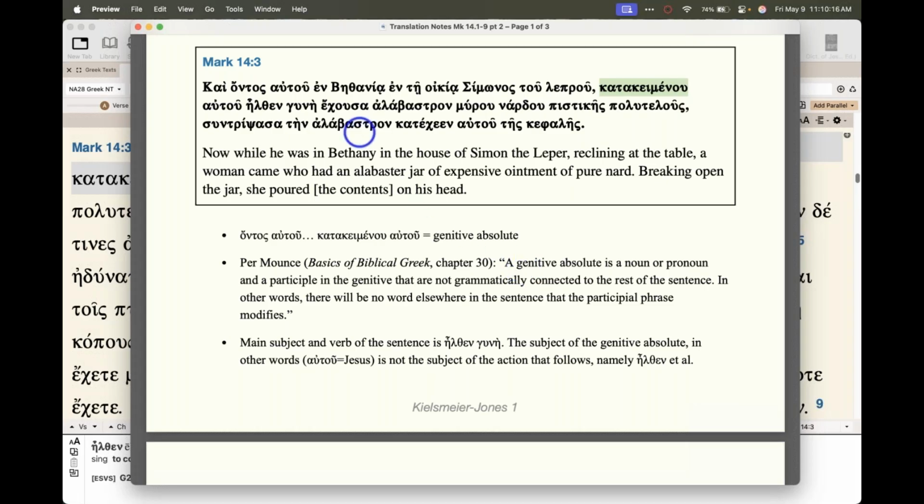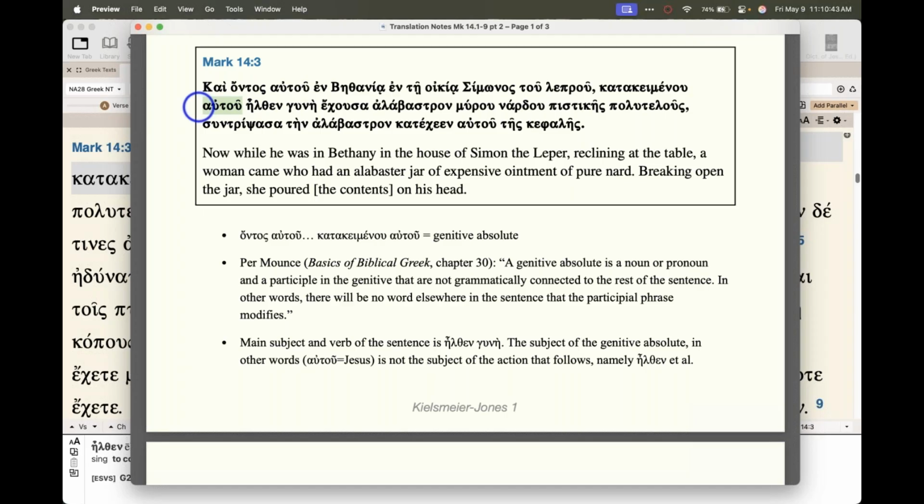Typically when we see a participle like akusa, having, we're looking for something else that it modifies. And in this case, akusa is modifying the woman who came. And that participle goes with this verb here. Ontos and katakemenu as participles don't have their own main verb with Jesus as the subject that they modify.